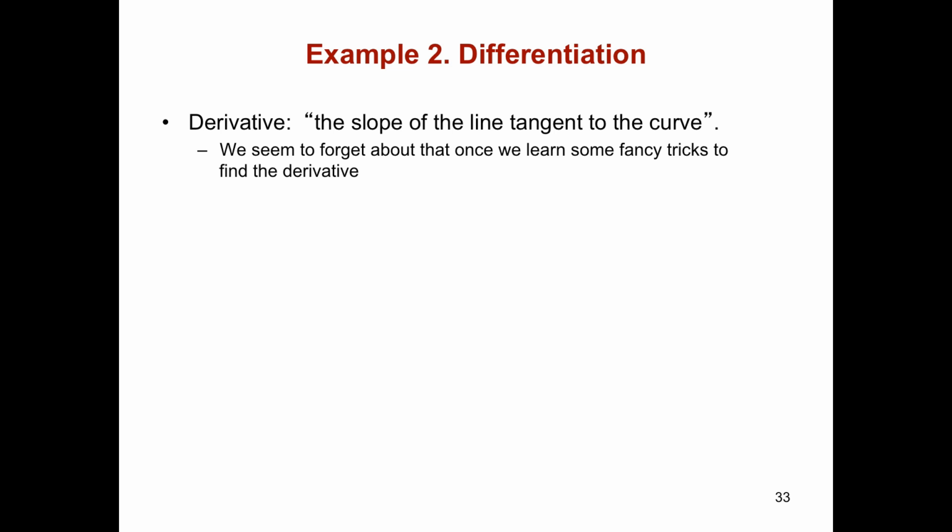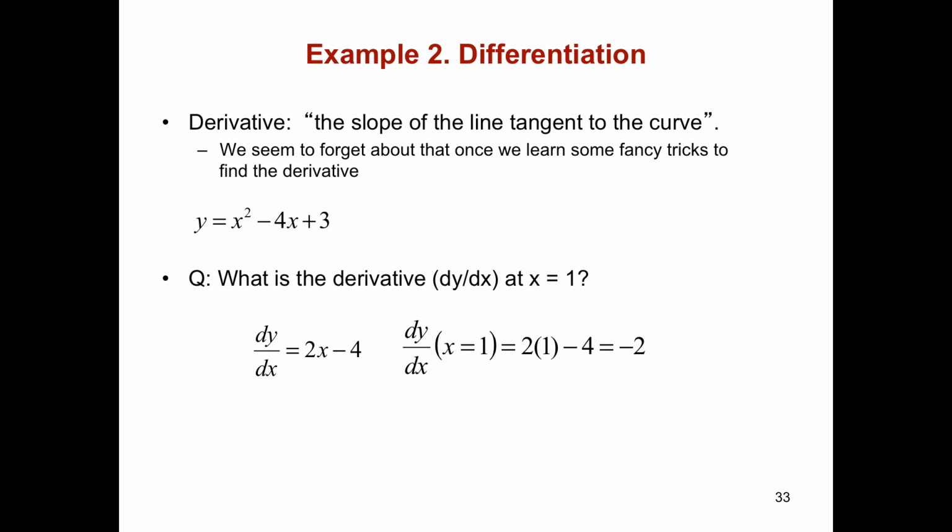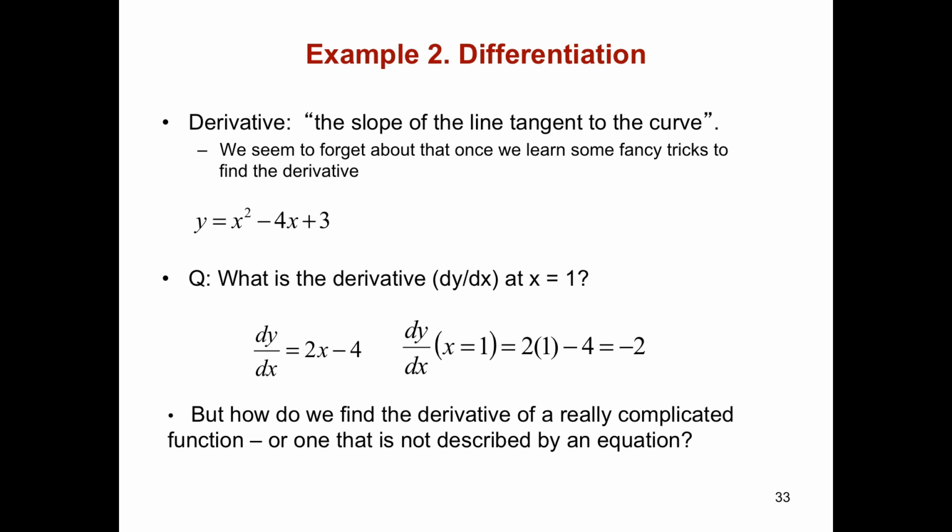So if I was looking to design my numerical method, my derivative is the slope of the line that is tangent to a curve. If I was plotting things, this is just the solution, negative 2.